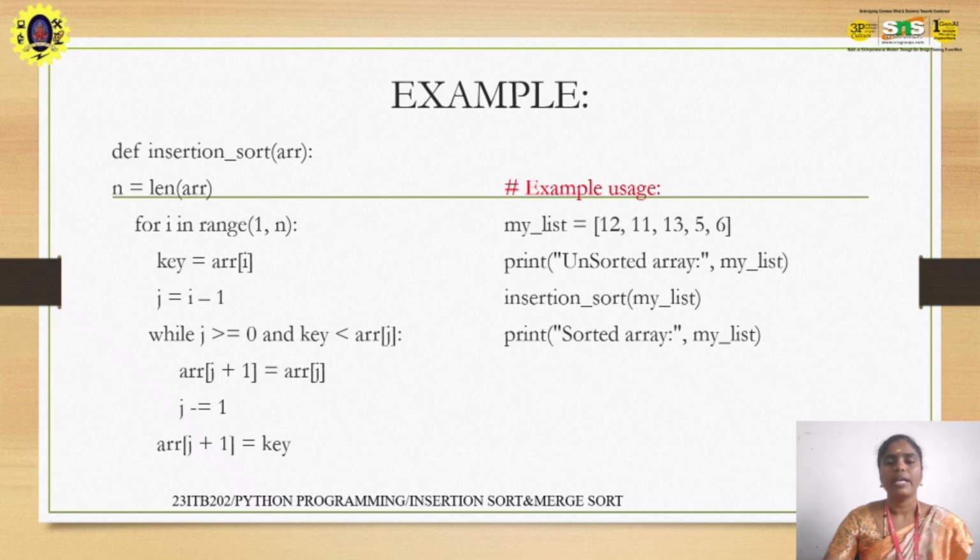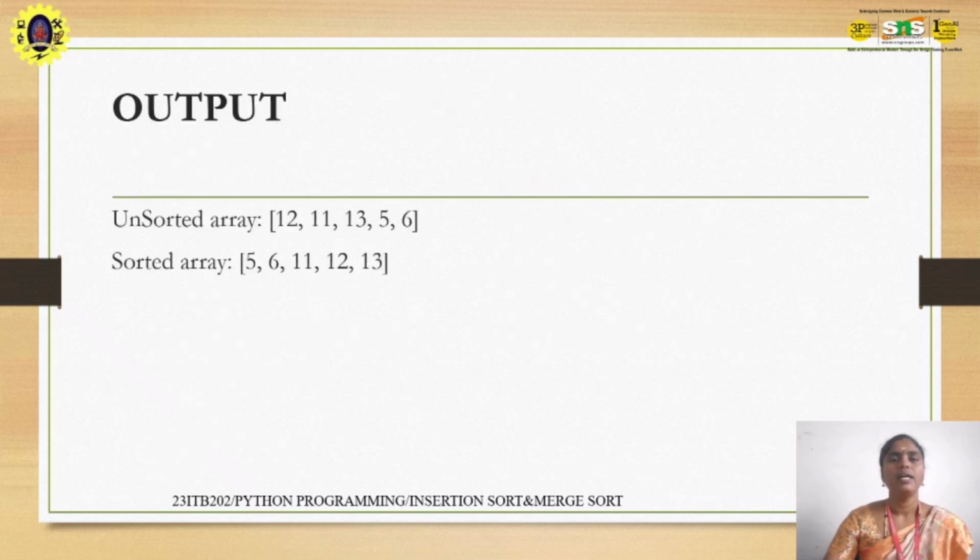Clear? Then finally, we print the sorted array on the output screen. For example, if our input is 12, 11, 13, 5, 6, the sorted output will be 5, 6, 11, 12, 13.